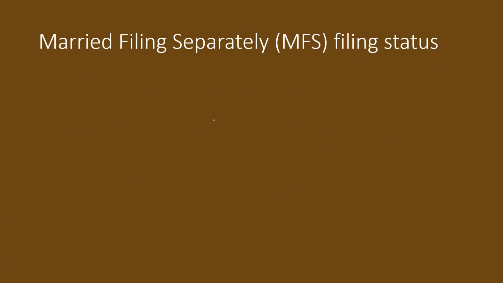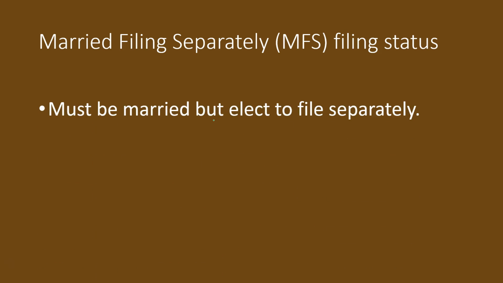So married filing separately, filing status. If you are married, again, your choices are to file married jointly or file separately. And for the most part, you're going to be better off to file jointly, because filing separately is going to be similar kind of to as if you were single, but not really. You would think that filing separately, you could choose to file separately and it'll be just like I was unmarried.